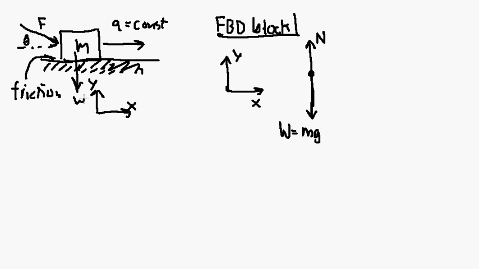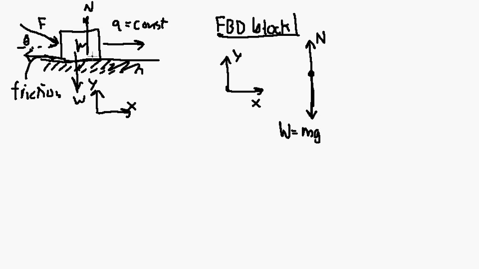If it's accelerating to the right, that means it's moving to the right, and then the friction is going to act to the left. Actually, we don't know for sure that it's moving to the right. It could be moving to the left and trying to slow down, so the acceleration would be slowing it down as it's moving left. But in that case, the friction would be pushing against the direction of its velocity, not the direction of its acceleration.